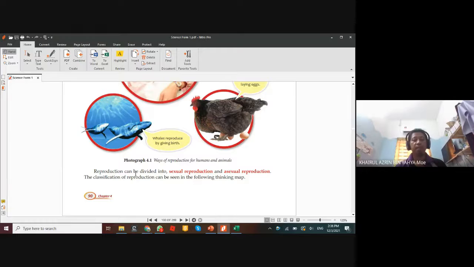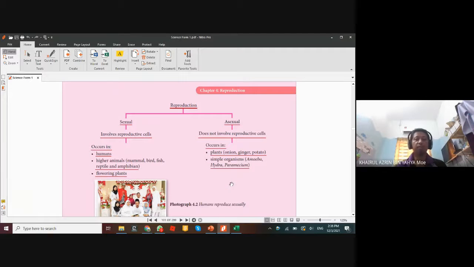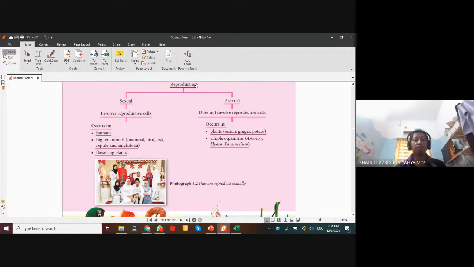So reproduction can be divided into two, sexual reproduction and asexual reproduction. The classification of reproduction can be seen in the following thinking map. Reproduction can be divided into sexual and asexual.